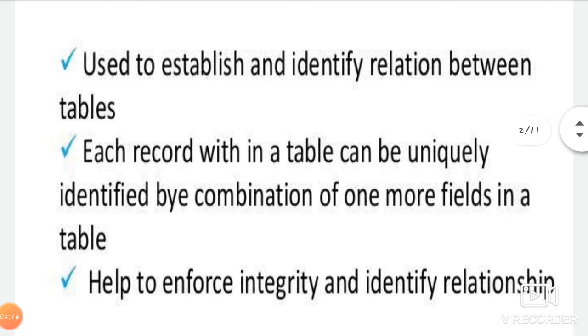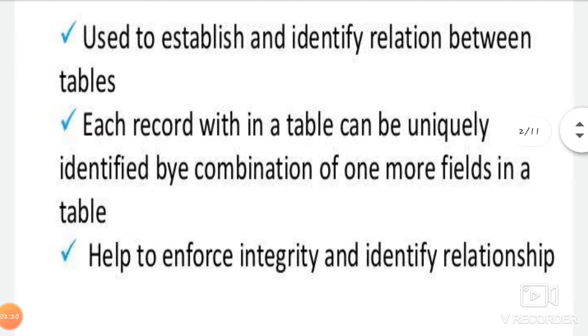So for that purpose also key is needed, for unique identification. Then the last point is to help enforce integrity and identify relationships, the same thing we saw in the first point: to enforce the integrity as well as to identify the relationship between the tables and the attributes. For that purpose also we are using the key.